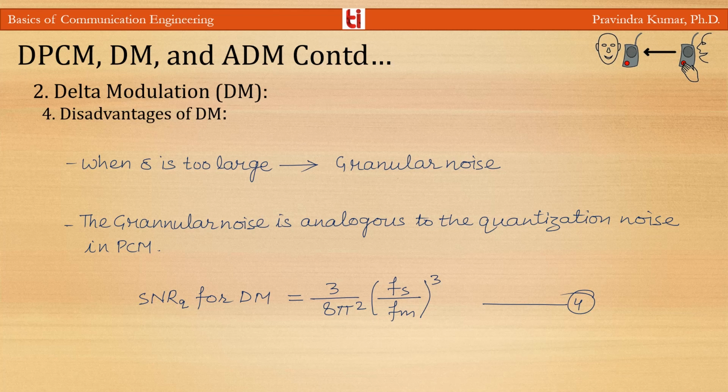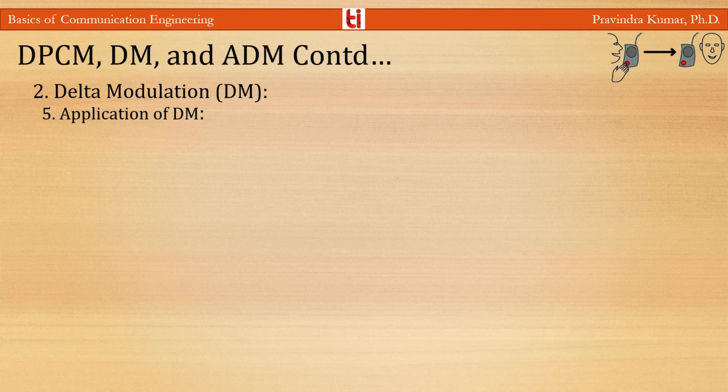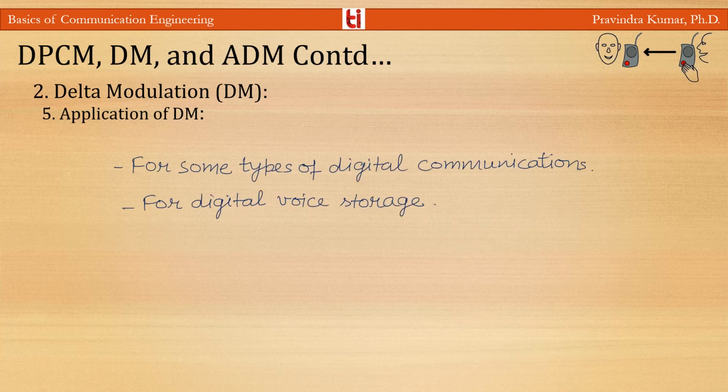The slope overload error can be reduced by using another type of delta modulation known as adaptive delta modulation. And as for the application of the DM system, delta modulation is used for some types of digital communication systems for digital voice storage.